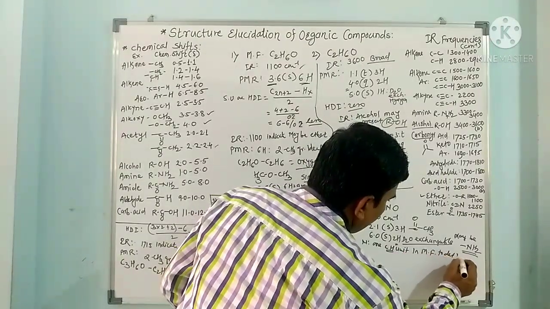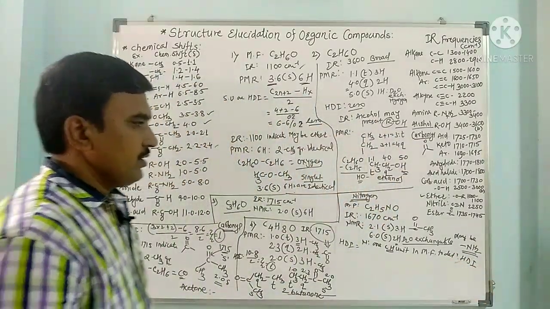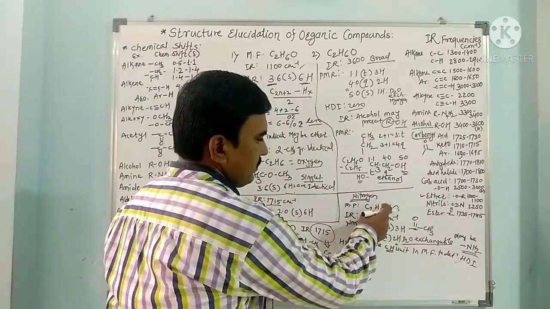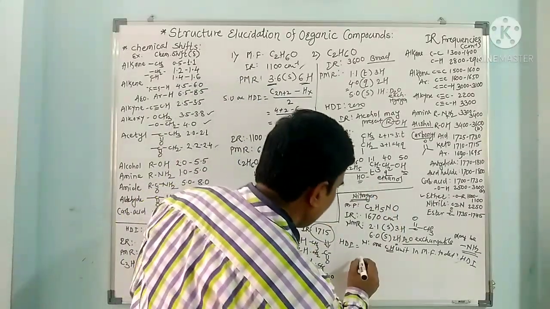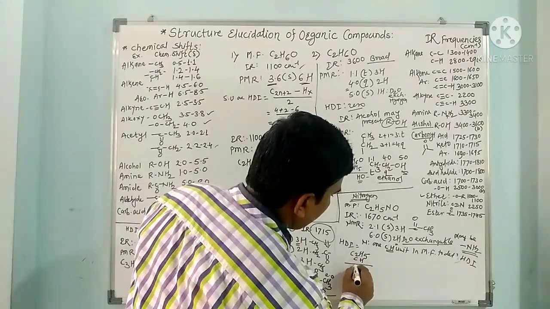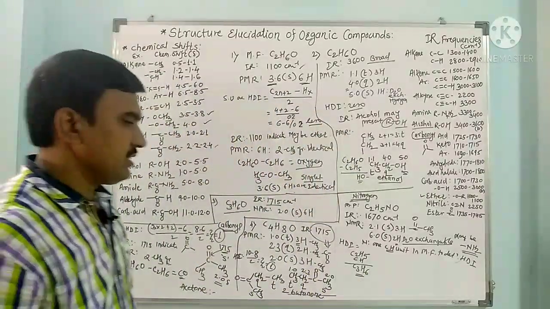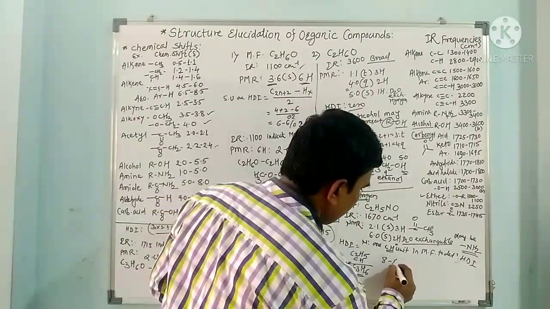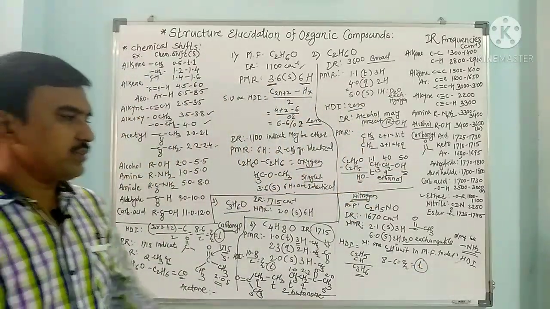Here C2H5NO, don't do anything for oxygen, so we only add 1 CH, and it becomes C3H6. So 3 into 2 plus 2 is 8, minus hydrogens 6, so 2 by 2 equals 1. So 1 unsaturation is there. The hydrogen deficiency index of this compound is 1.